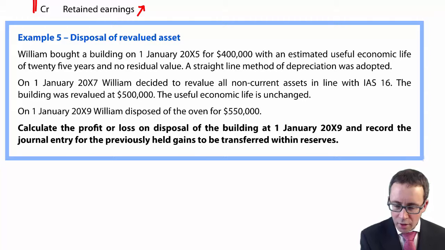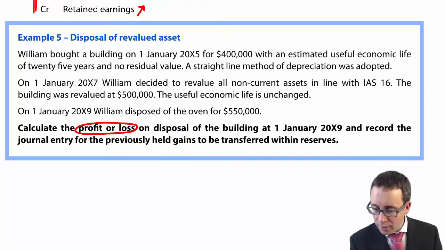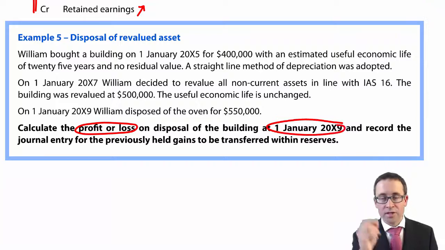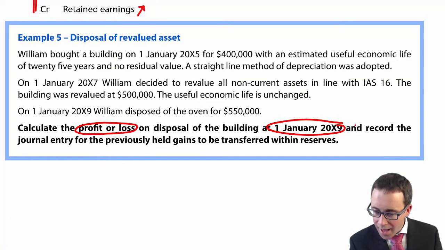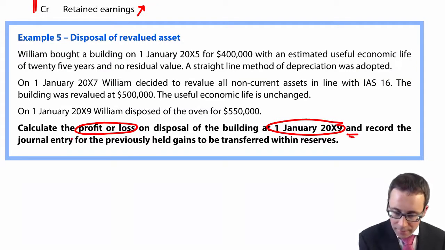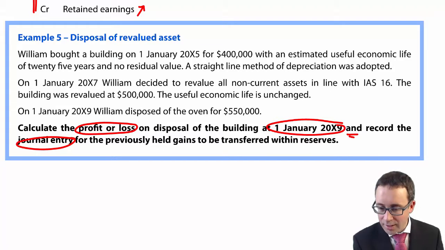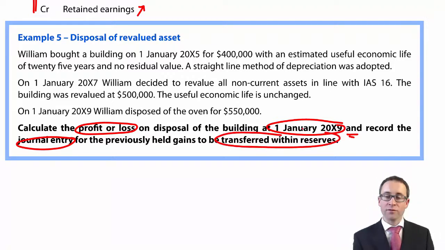Okay, so it wants you to work out the profit or loss on disposal. The profit or loss on disposal was at the 1st of January X9, and it wants the journal entry for the previously held gains for the transfer within the reserves. Okay, so that little journal entry above, it wants you to work that out, and the profit or loss on disposal. To work out the profit or loss on disposal, we need to work out the carrying value.